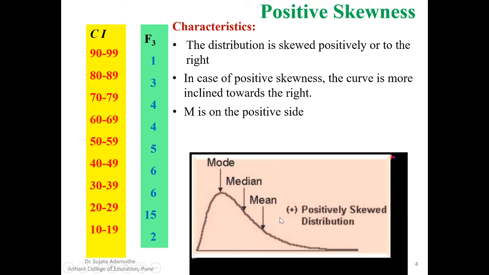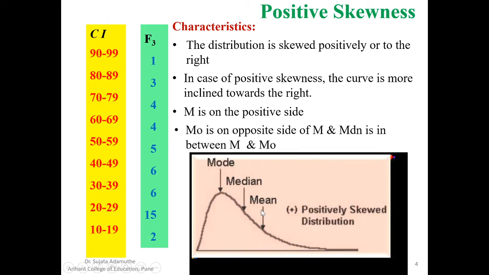Mean is on the positive side, always. Mode is on the opposite side of mean, and median is in between. That means mode is always on the opposite side of mean, and median is always in between mean and mode.